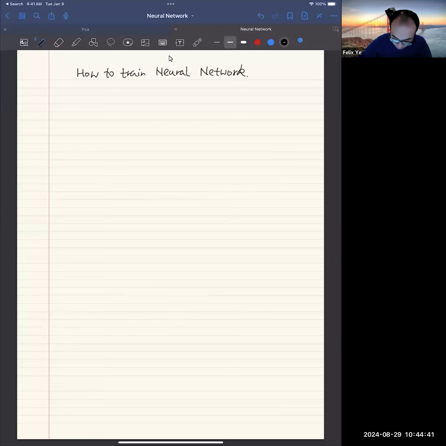For example, I'm going to have multiple layers, like multiple hidden layers in the neural network. For example, we have a layer L minus one, and we have a layer L. Right here, we have a bunch of neurons, and a bunch of additional neurons here.